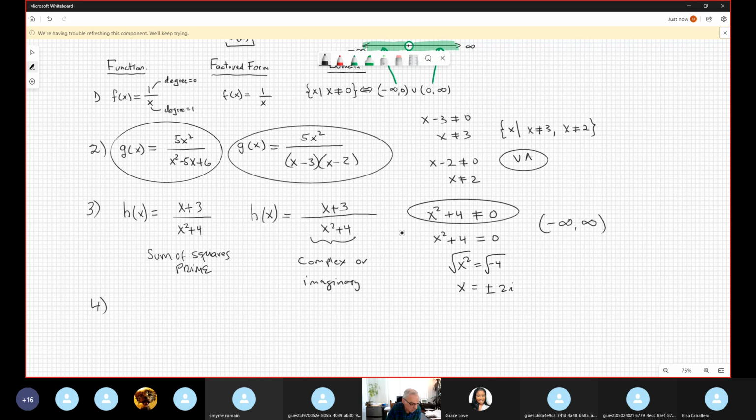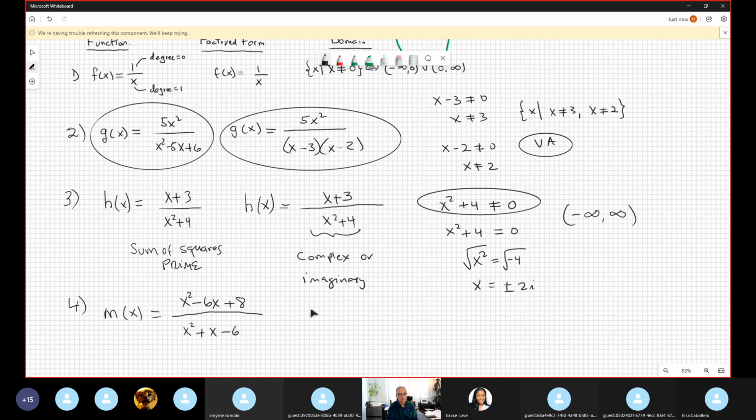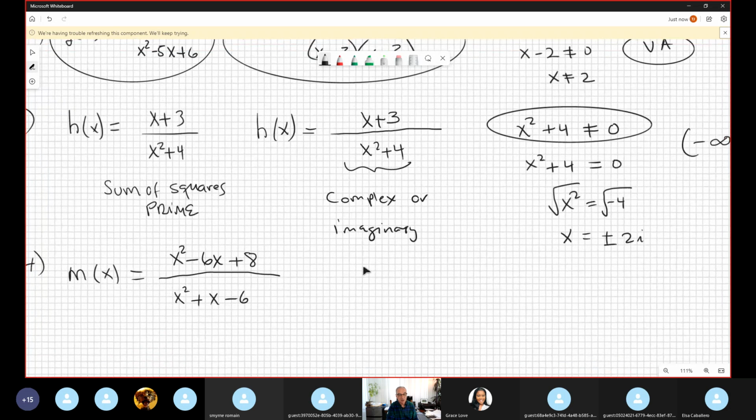Suppose this function I want to call m of x is x squared minus 6x plus 8 divided by x squared plus x minus 6. This is our example now.